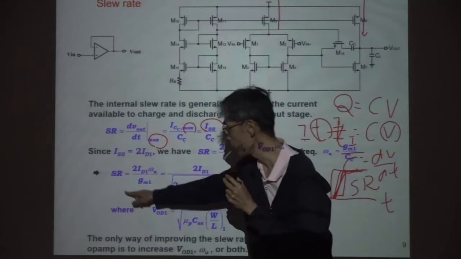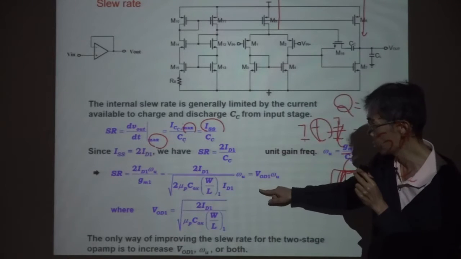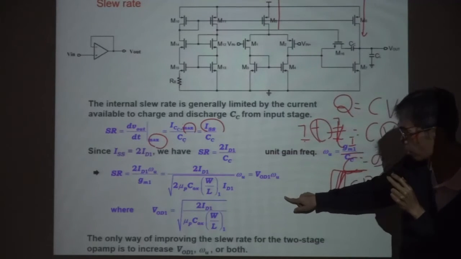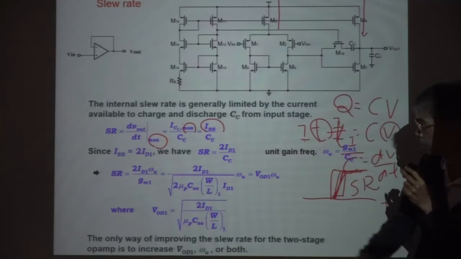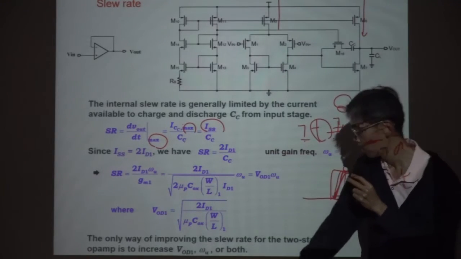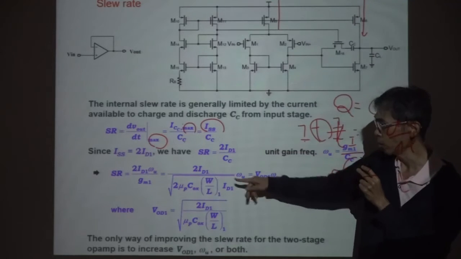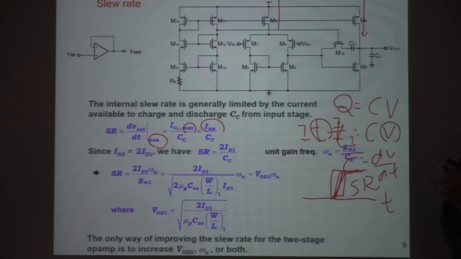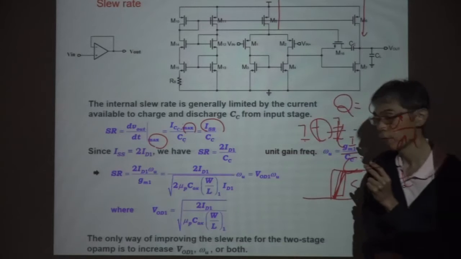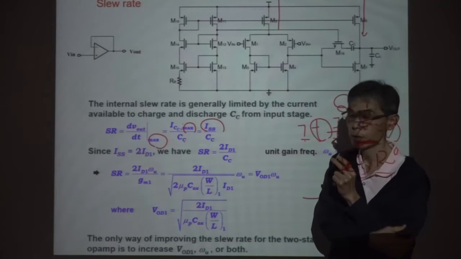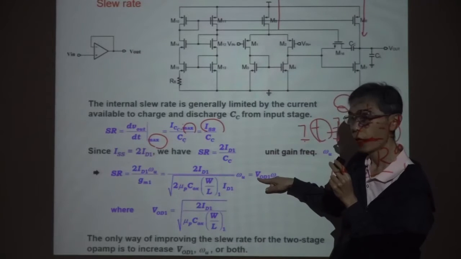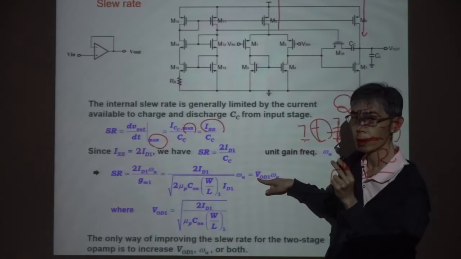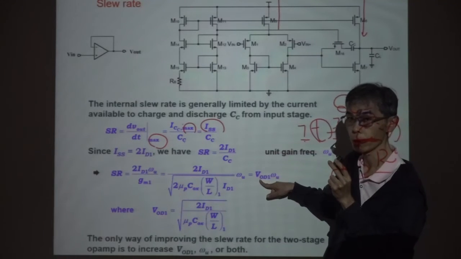So in order to increase the slew rate, based on this equation, either we increase omega U, the unit gain frequency, or we increase VOD1. So this is very important because mathematics will give you the method to adjust your circuit to reach your goal.